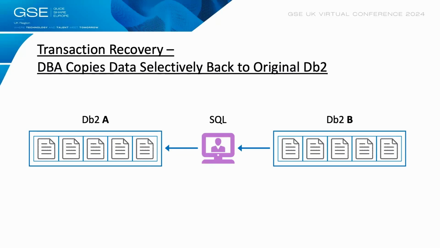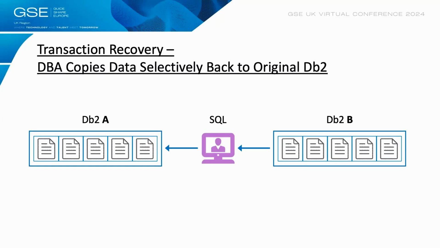The DBA, or the application person, could write some SQL that copies the data back. So they've spotted what needs to be copied back. So they're going to just copy that data back. So they've manually updated what's in Db2, the table B in this case, and now they're going to copy it over the top of table A. Again, it's application knowledge.